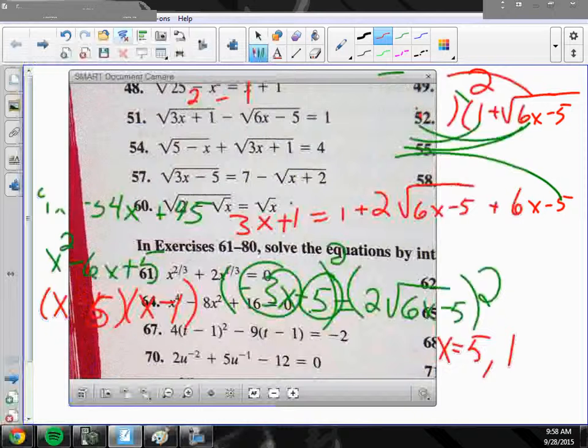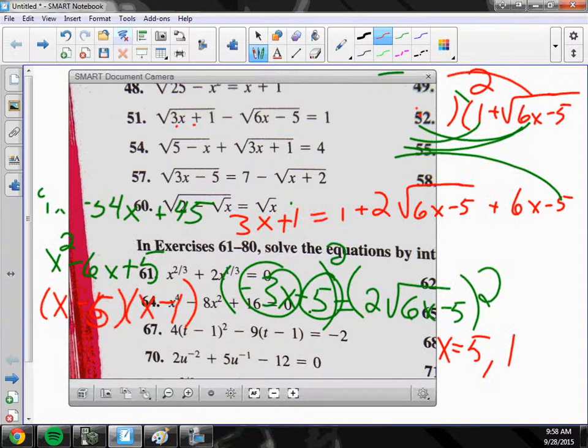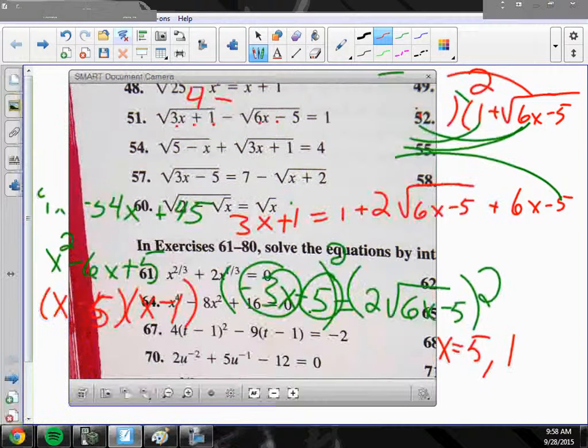Does that work? Yes. Try the same thing with 5. That would be 15 plus 1 is 16, excuse me, 4, minus 30 minus 5 is 25, and square root of 25 is 5. Is 4 minus 5 equal to 1? No. So this is not a correct solution.